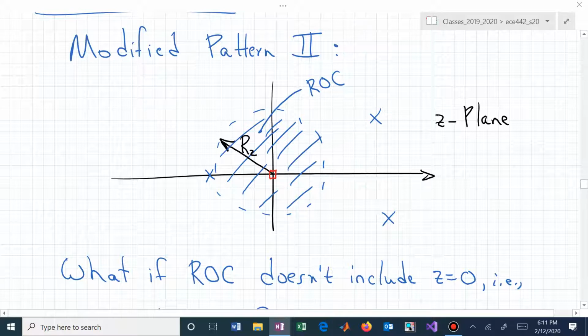That's not allowed. Our region of convergence needs to be connected, meaning we need to be able to walk to any point in that region without having to jump across a void or some missing part of the z-plane. Does that help? So your region of convergence is a connected region in the z-plane.